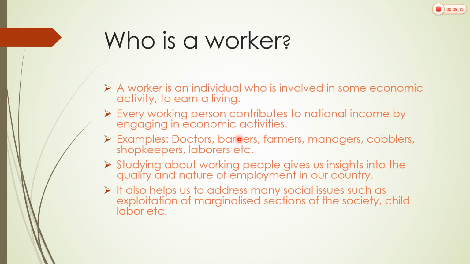So all the people who are involved in economic activity are workers, they are earning a living, and all of them are contributing to national income. Some are contributing big and some are contributing less, but every worker is contributing towards national income by engaging in their economic activity.